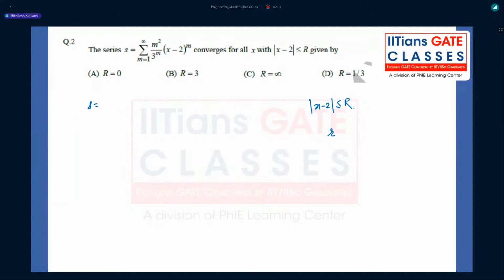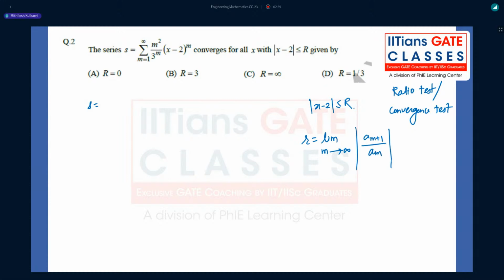Suppose R, you can also call this a ratio test or convergence test, where R is written as the limit, in this case m tends to infinity, of a_(m+1) divided by a_m.